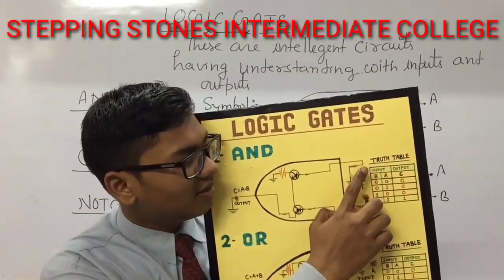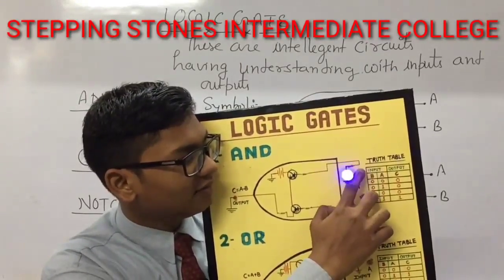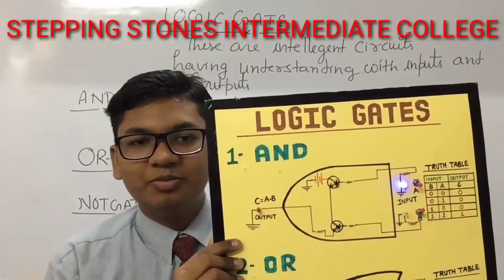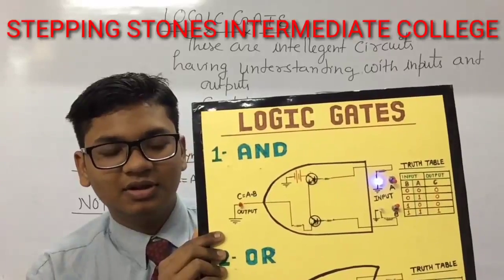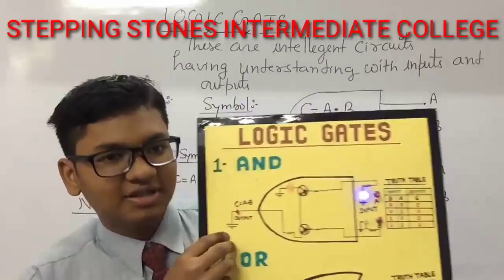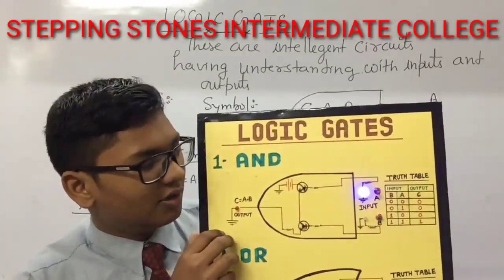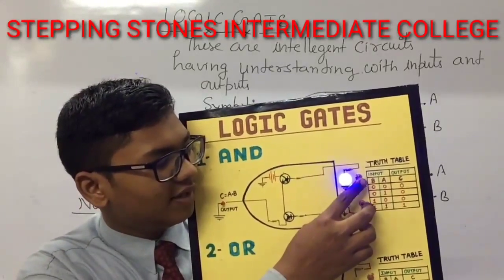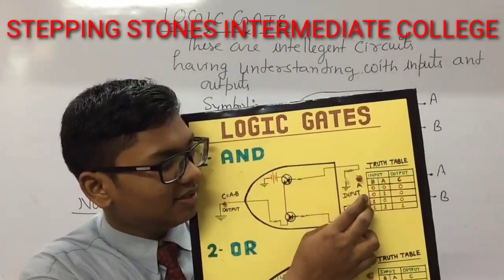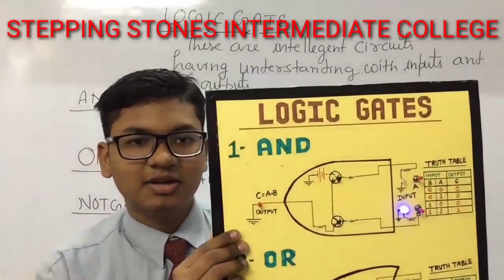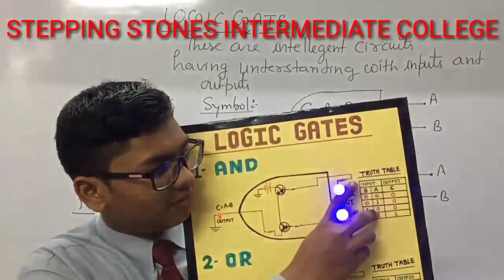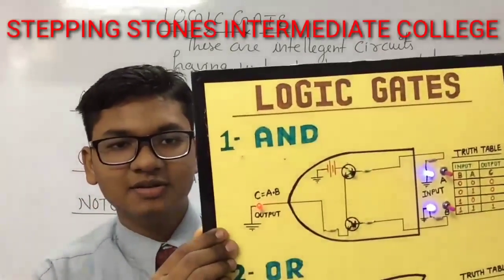When input A is on, the output is not on, which means there is no signal in C. If we turn off A and turn on B, there is also no output in C. If we turn on both signals, then the output C is on.